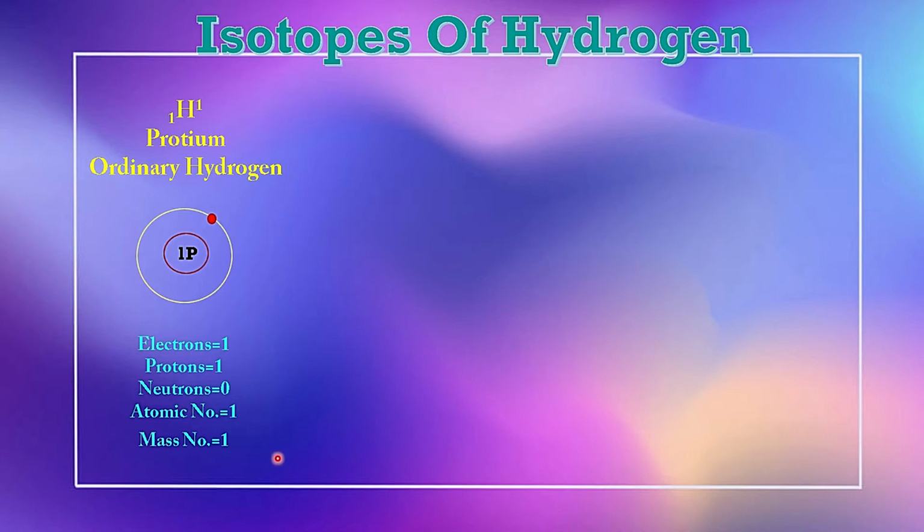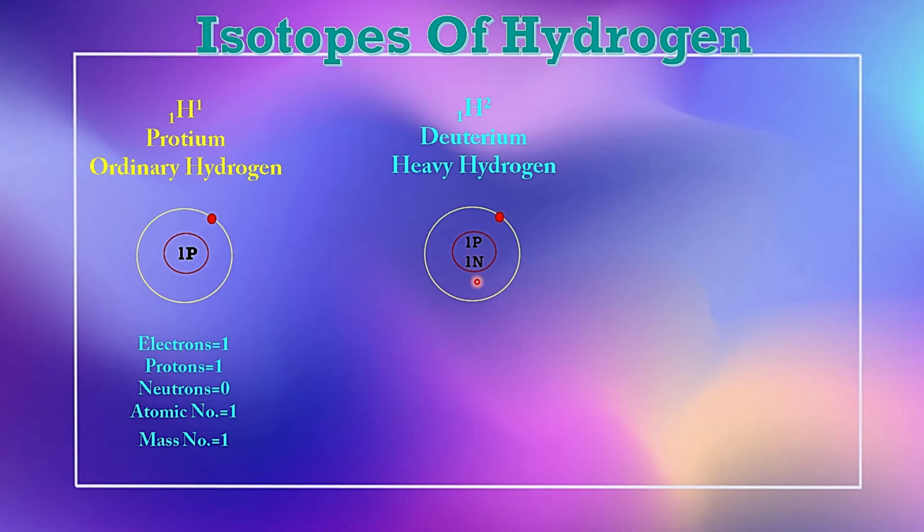There is another isotope of hydrogen which exists in nature. Although it exists in a smaller percentage compared to ordinary hydrogen, it is naturally occurring. It is known as heavy hydrogen or deuterium. In the atomic structure of deuterium, there is 1 proton and 1 neutron.